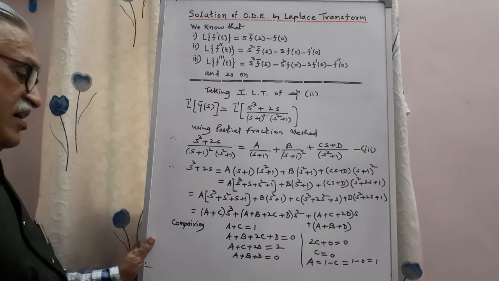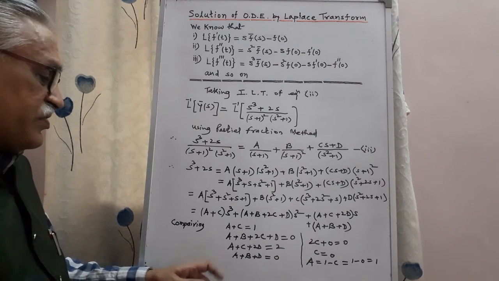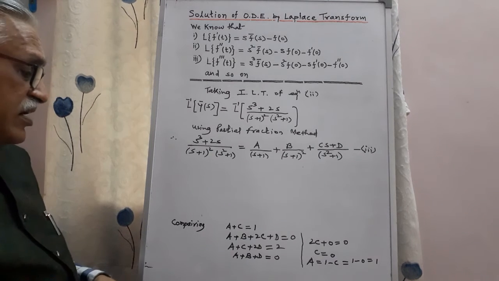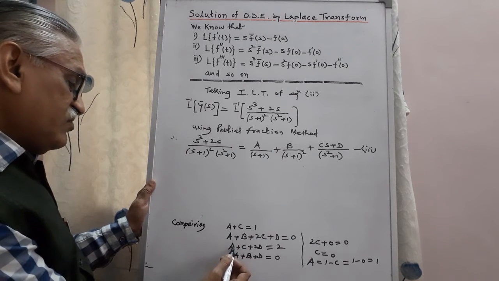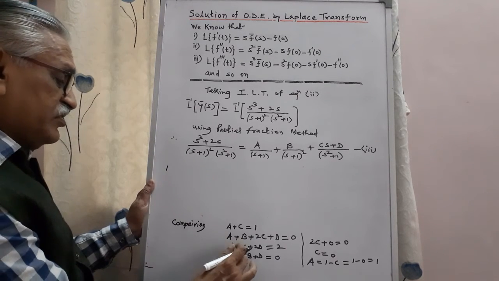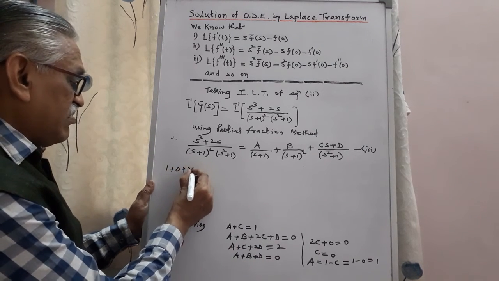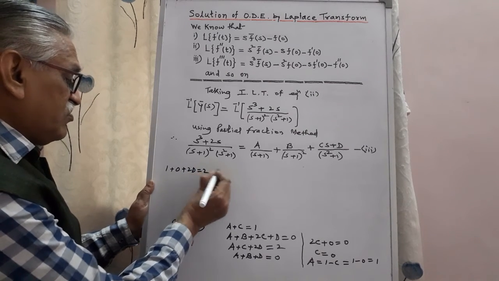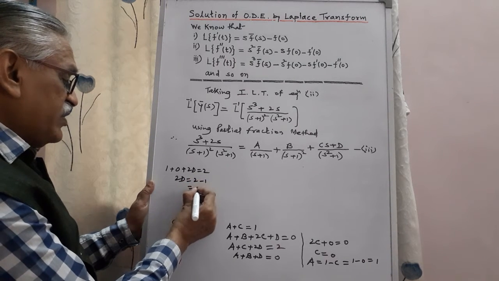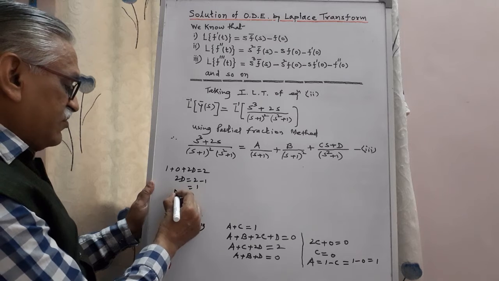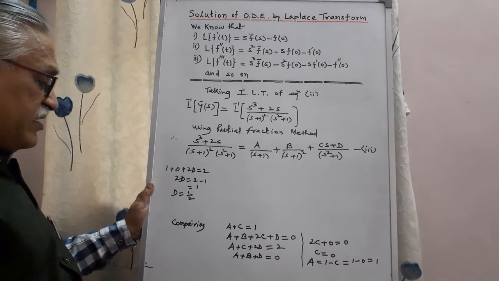Okay, and using these two values in these two equations we get, and therefore substituting value of a and c, a is 1 here, c is 0, plus 2d is equals to 2, therefore 2d is equals to 2 minus 1, we get 2 minus 1 as 1, and therefore d is equals to 1 by 2. Okay.